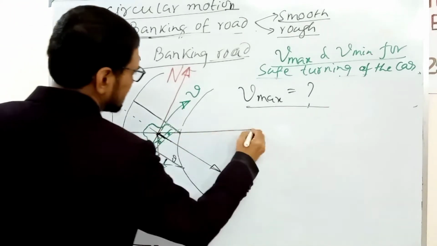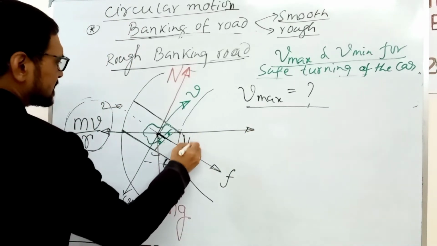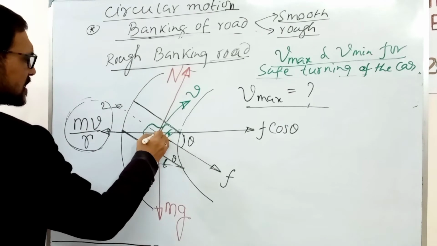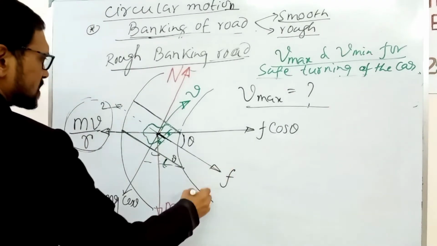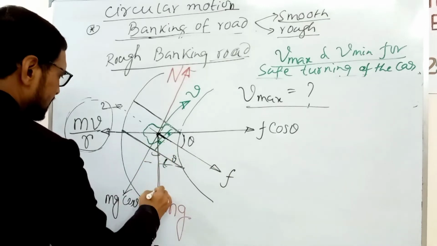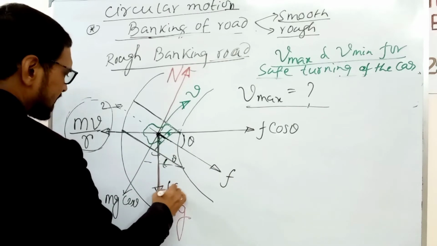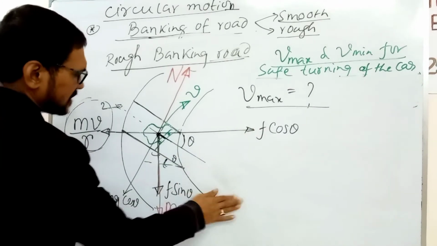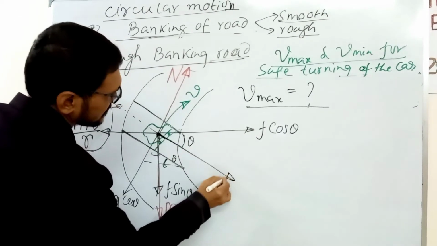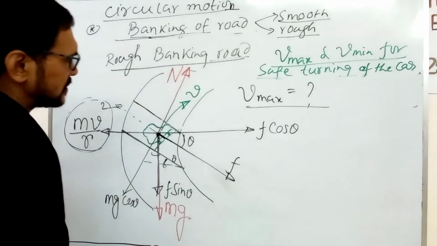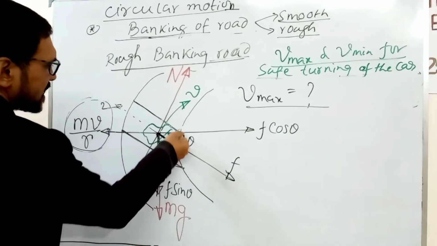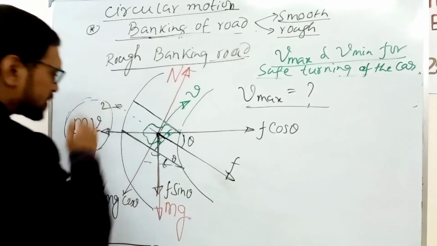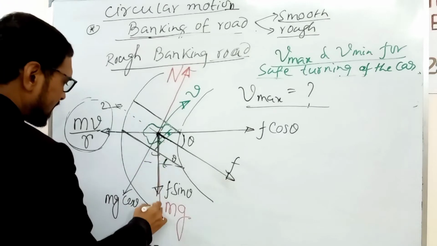This is theta, so this value is f cos theta, and this value is f sin theta. So we resolve the friction force along two directions, horizontal f cos theta and vertical f sin theta. Weight acts in this direction.